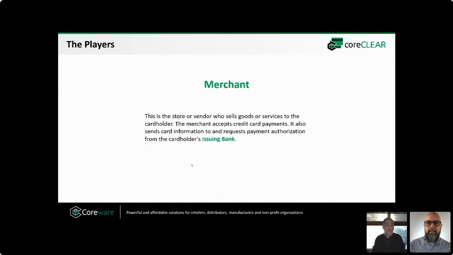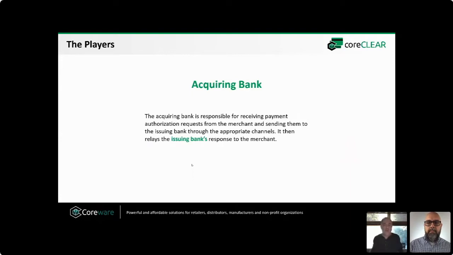The merchant, of course, is you. You are the entity accepting the credit card from the cardholder. Then we talk about the acquiring bank. There's an issuing bank and there's an acquiring bank. Let me explain the acquiring bank first.